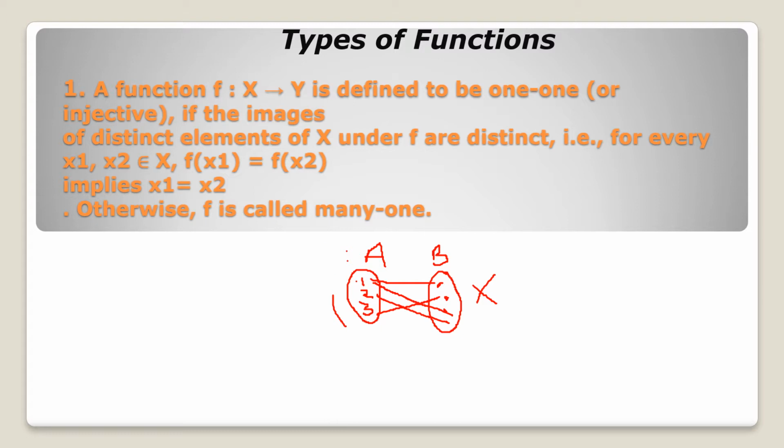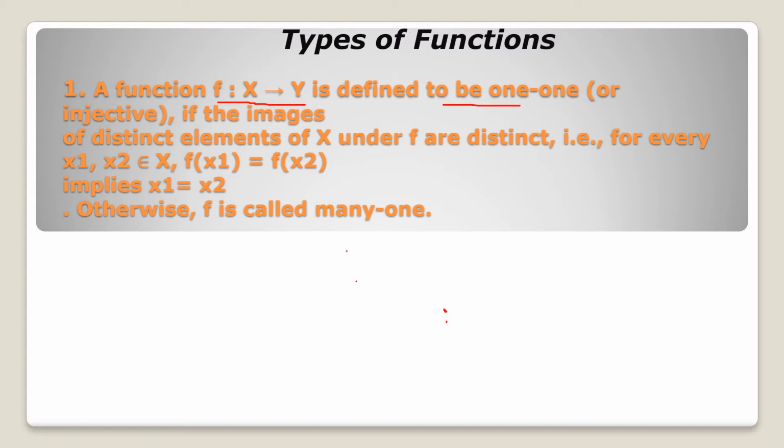So today we will discuss types of function, and first we will study the one-one function. So what is a one-one function? A function f from x to y is said to be one-one or injective if the images of the distinct elements of x under f are distinct.